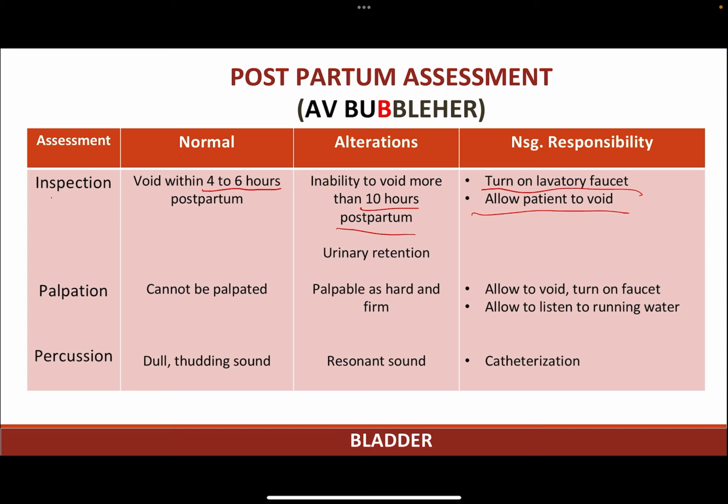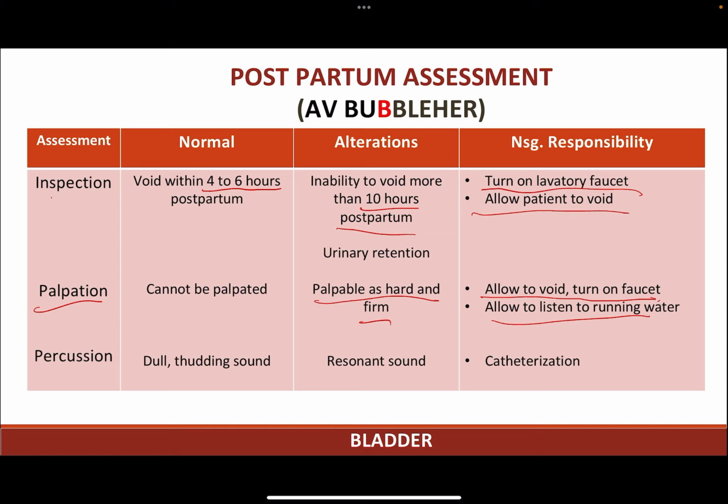If there is urinary retention, you may also palpate. In alteration, the bladder is palpable as hard and firm, so allow to void, turn on the faucet always, and allow her to listen to running water.